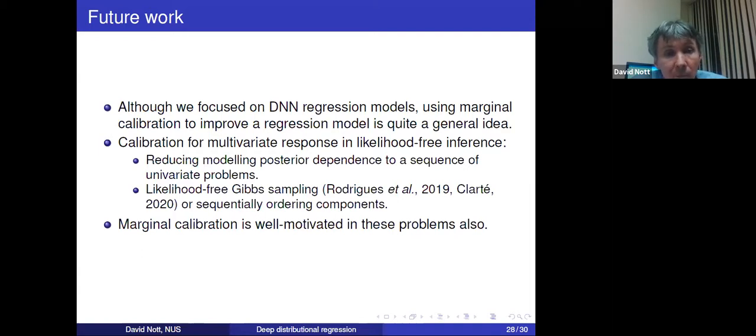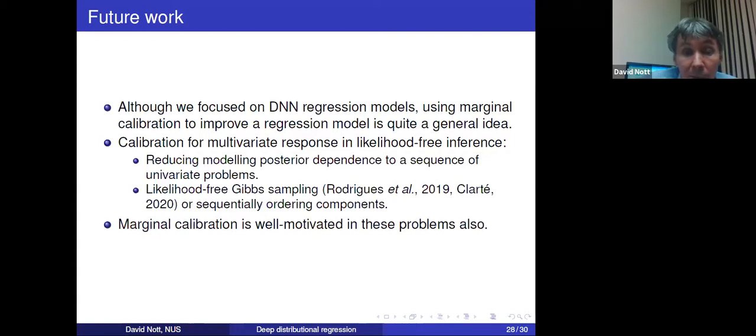The idea of using marginal calibration to improve a regression model is quite a general idea. You don't necessarily have to use it just with deep neural networks. Here I've focused on estimating marginal posterior distributions, but you may want to estimate the joint posterior distribution, in which case you need multivariate distributional regression approaches.